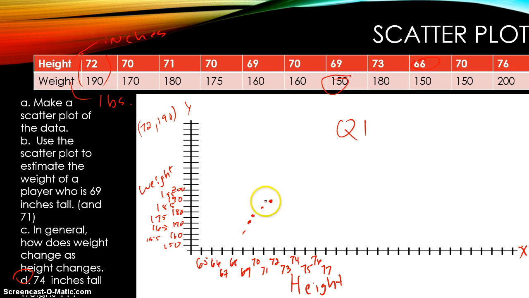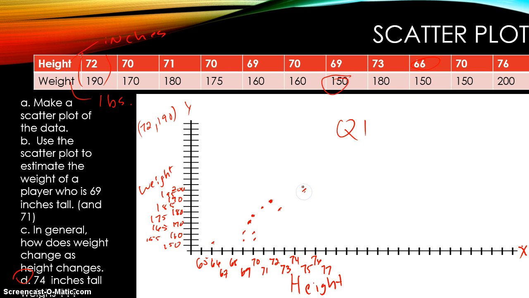I don't know why my points are leaving me. There we go. 70 and 160, 69 and 150, 73 and 180, 66 and 150, 70 and 150, and 76 and 200.